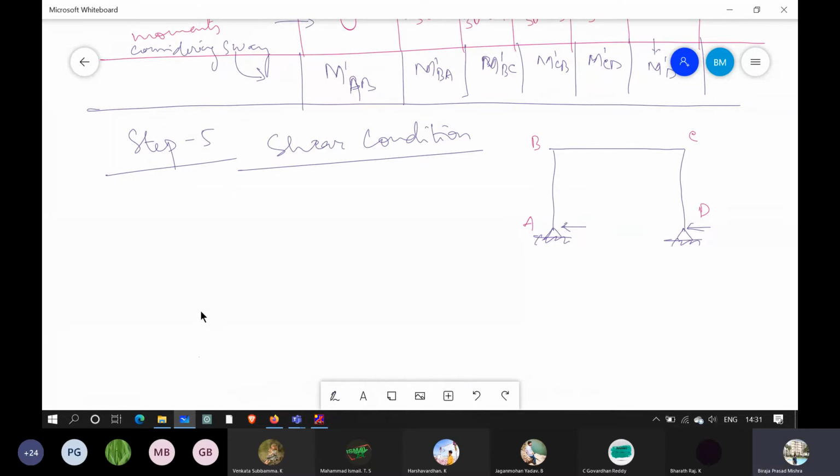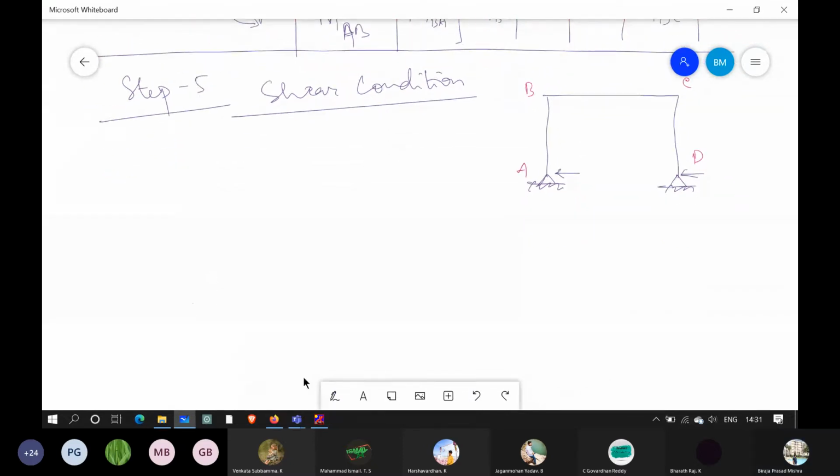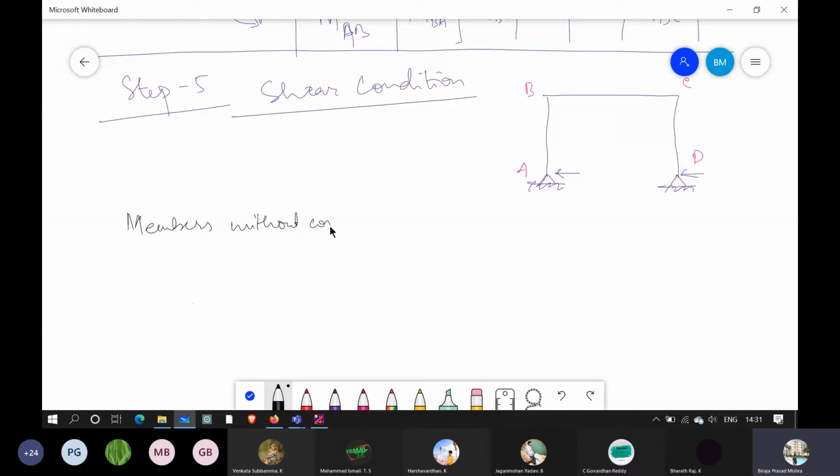The first condition is members without considering sway, and the other one is members considering sway action.